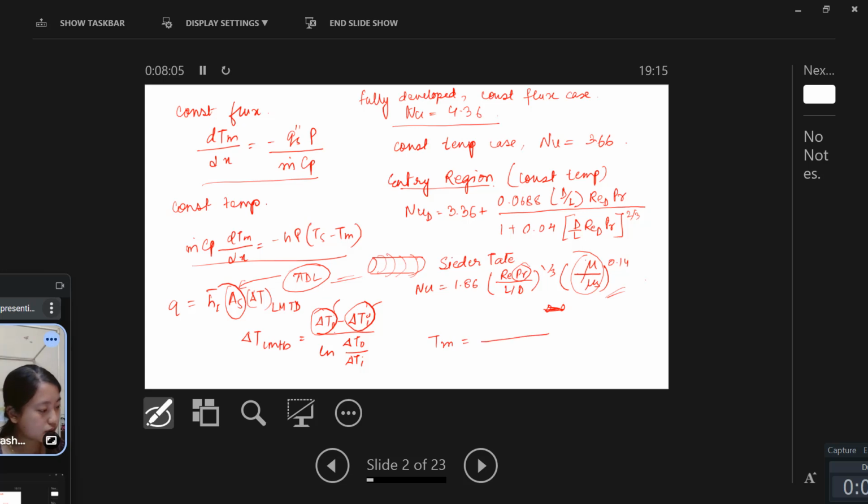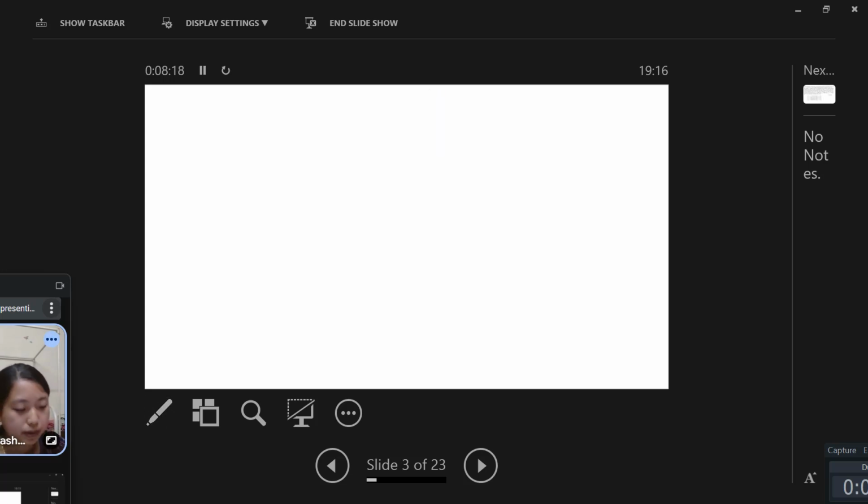That means average, almost you can consider it average. Mixing cup temperature. This is outlet temperature plus inlet temperature divided by 2. And for turbulent conditions, those were for laminar conditions. This is for turbulent conditions.